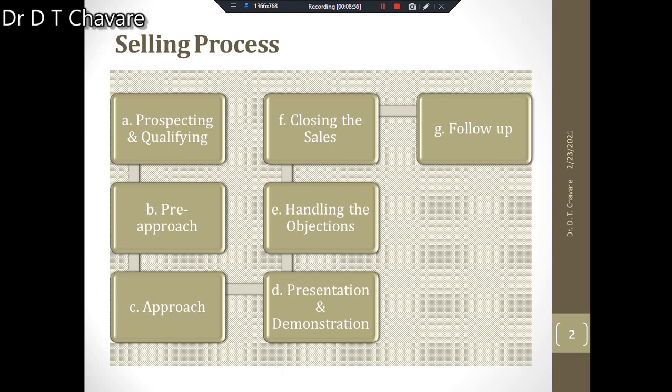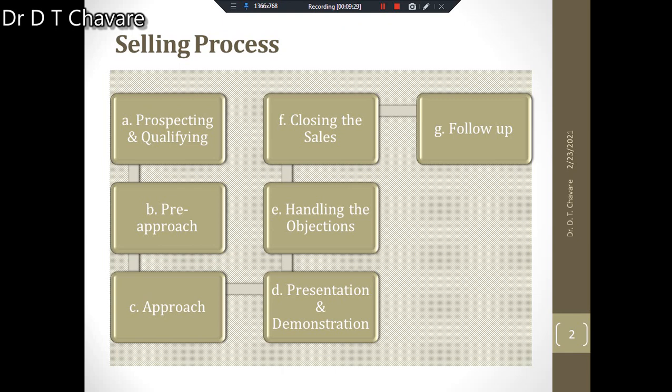Pre-approach is a step in the selling process in which the salesman learns as much as possible about prospective customers before making a sales call. At this stage, the salesman tries to collect the maximum information about the prospect and then decides which approach will be most suitable, a personal visit or a phone call.